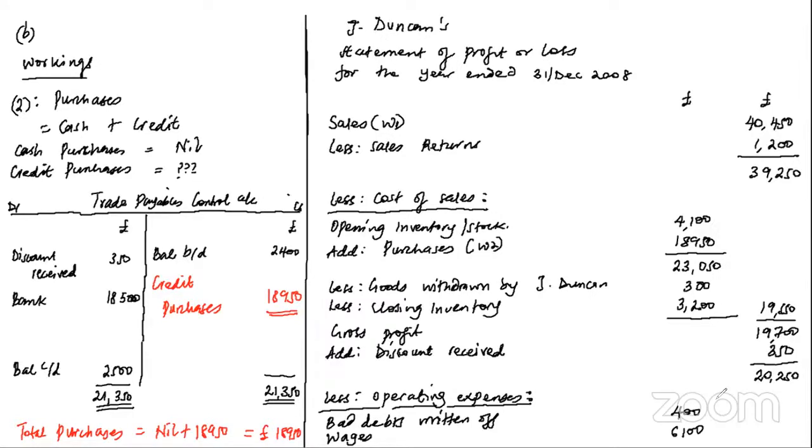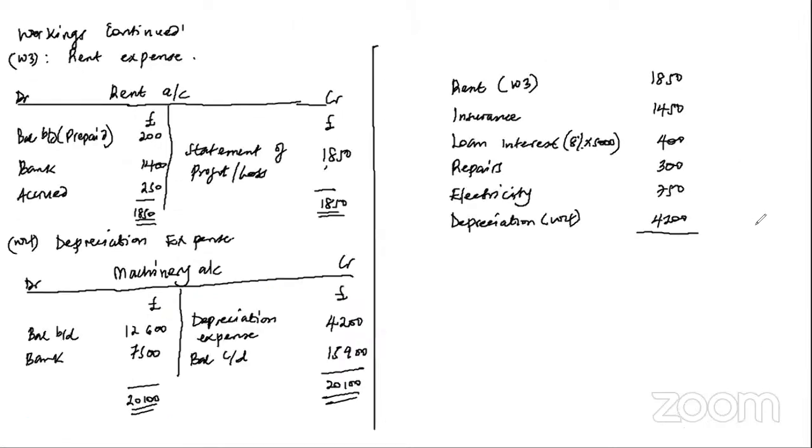We come up with total operating expenses of 15,450. We minus this from our total incomes. Our total incomes, we have 20,050.